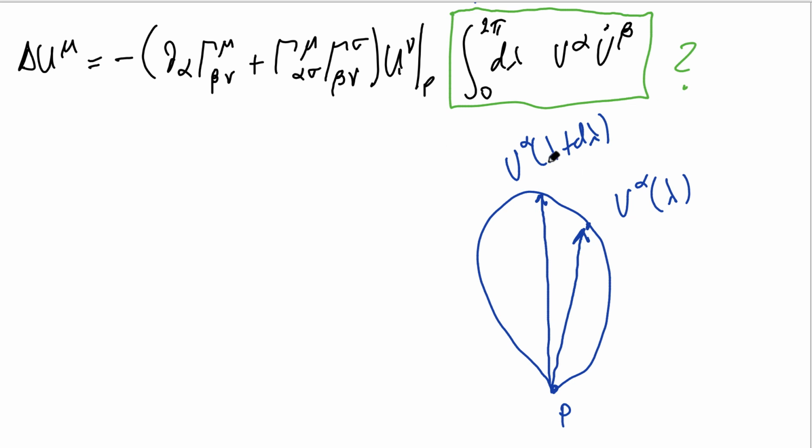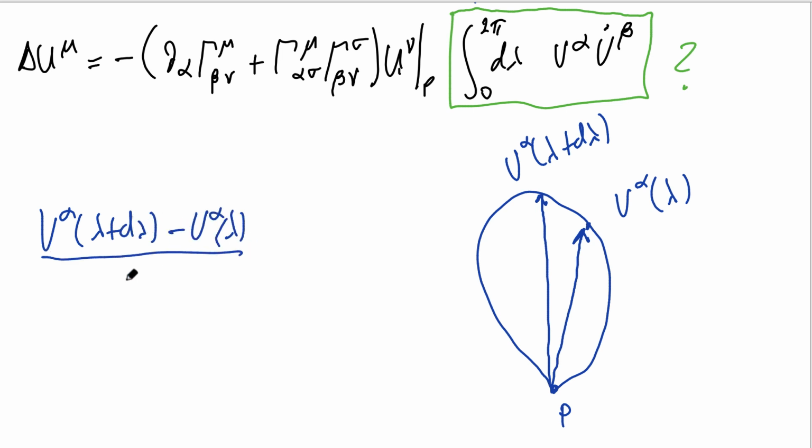Now, of course, the difference between these two vectors, v alpha of lambda plus d lambda minus v alpha of lambda, if we divide that by d lambda and take the limit, that's just what we're calling v dot at lambda. Right, so the difference, I'll draw in red here, this is the vector v alpha dot of lambda times d lambda.